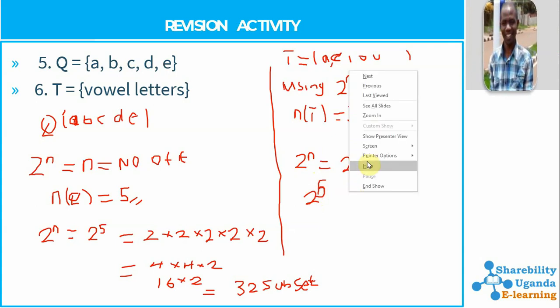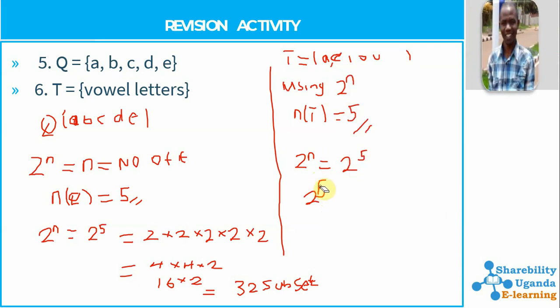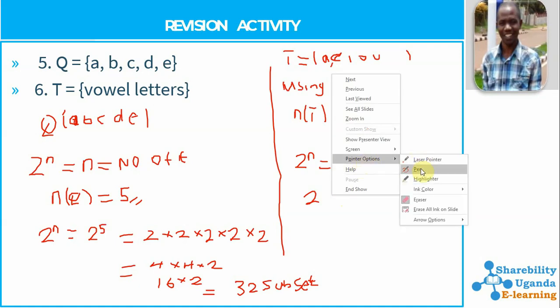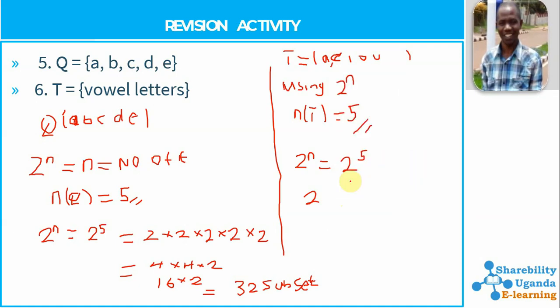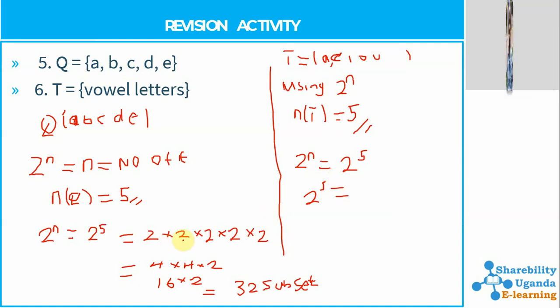We have our 2 to the power 5, but we had already calculated it here. 2 to the power 5 is the same as this step that we did.